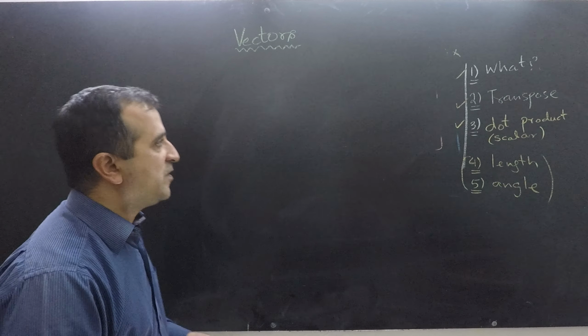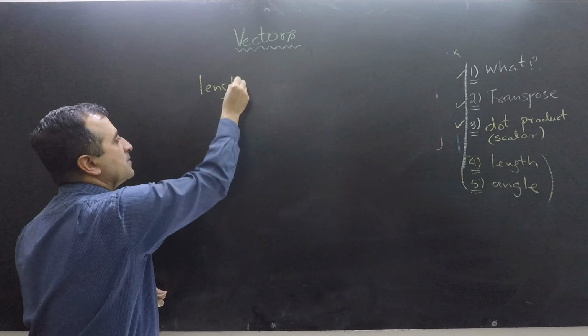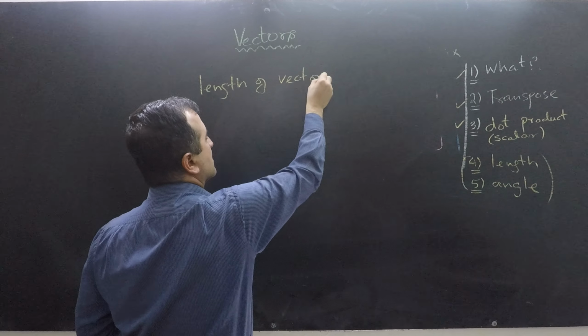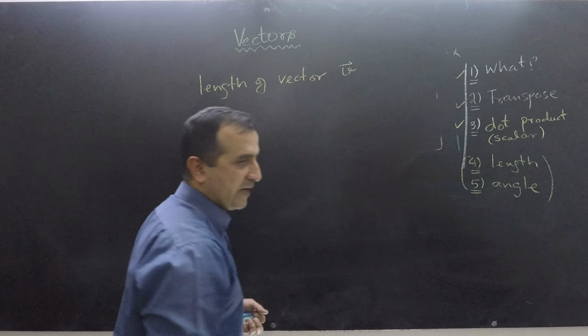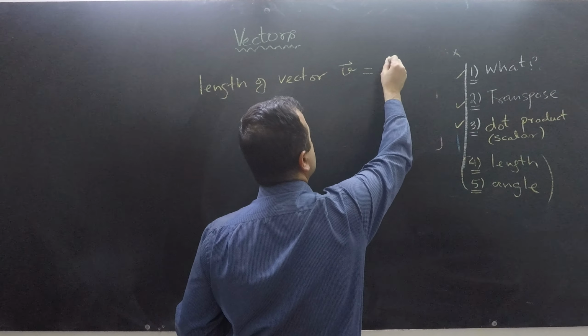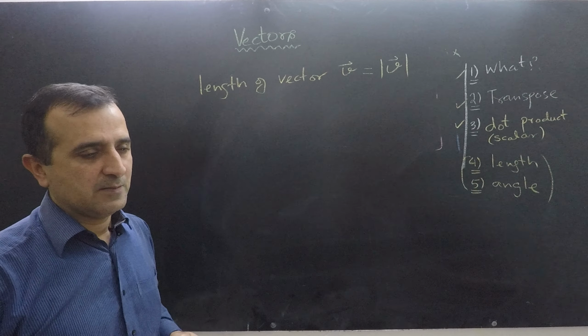So, length of a vector. Let's say I have to find the length of vector v. The length of a vector is sometimes written as v between two bars. That means we have to find the length of vector v. Make sense?